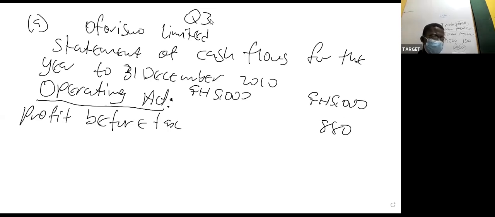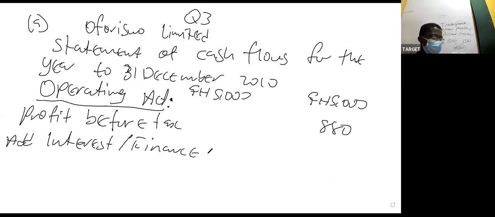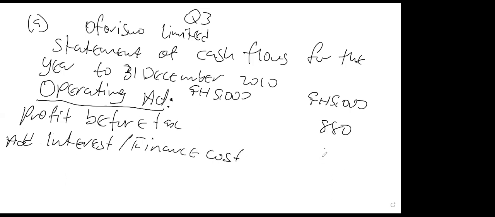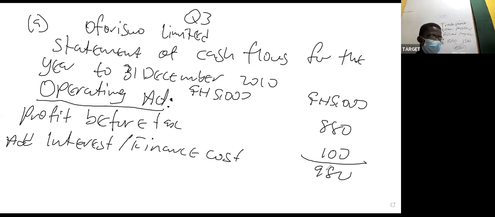In fact, this one too, we had 100 here. We said interest, no, we use another word: add back. So add interest of finance cost, which is 100, right? Then we had 980.